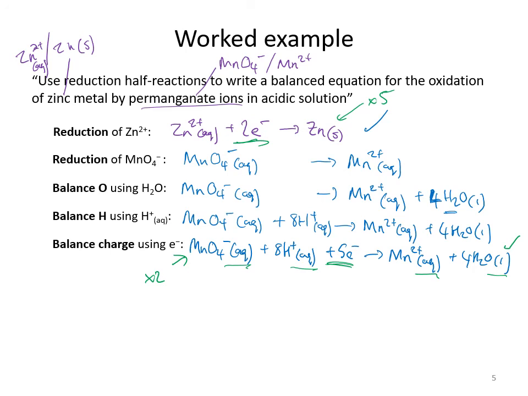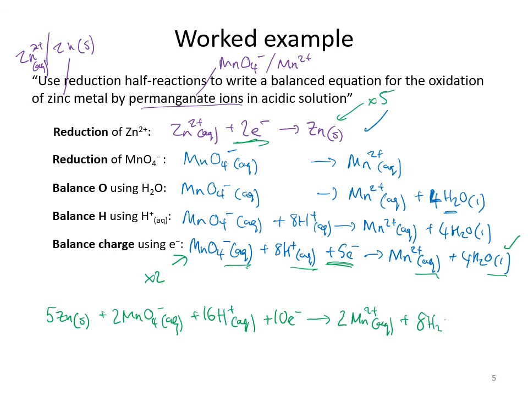So we multiply that one by 5 and we're going to end up with 5 Zn solid plus 2 MnO4- plus 16 H+, because it's multiplied by 2, aq plus 10 electrons goes to 2 Mn2+ aq plus 8 H2O liquid plus 5 Zn2+ plus 10e-.